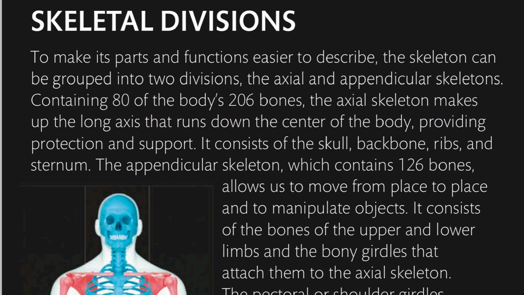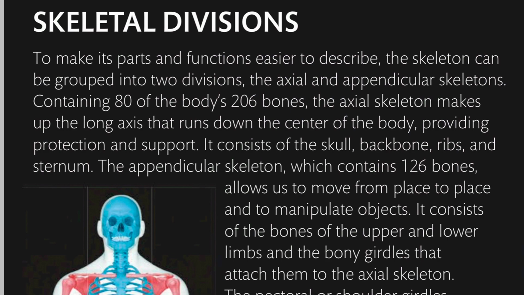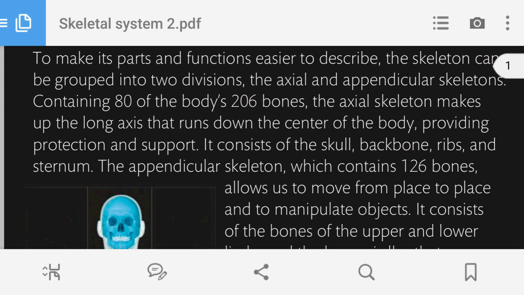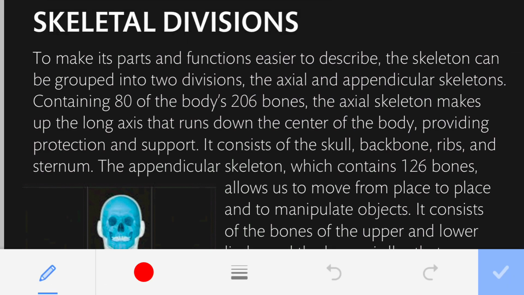Now, as I told you earlier, in the body there are 206 bones, and the axial skeleton makes the long axis that runs down the center of the body.